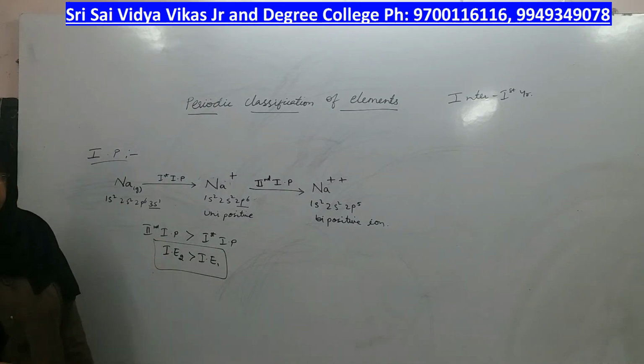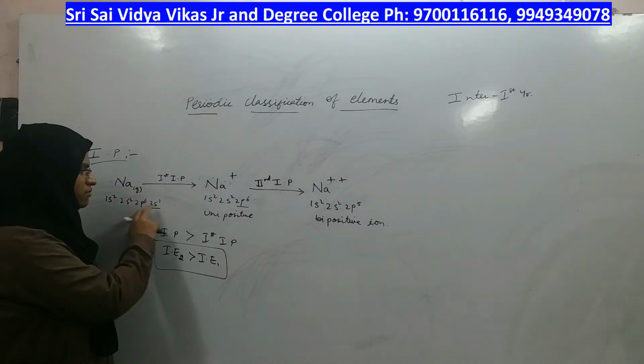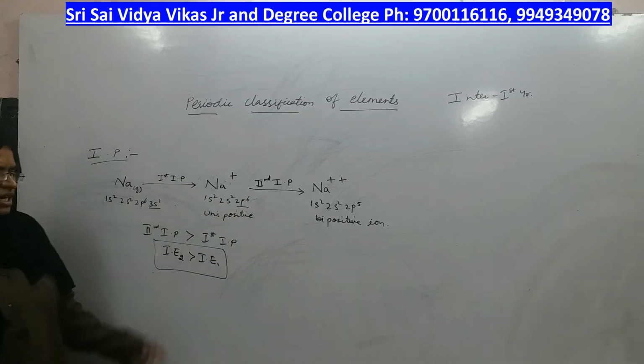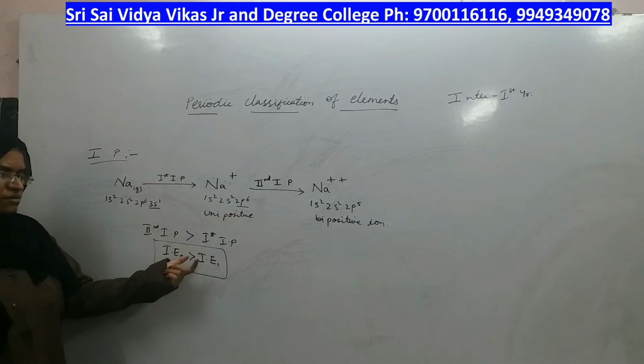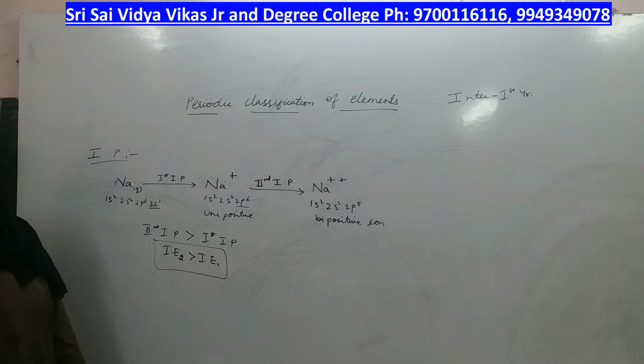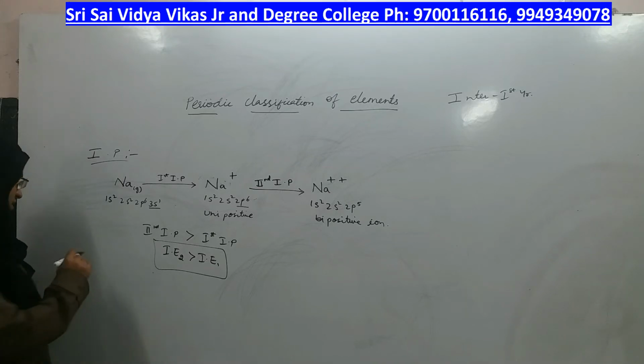So on what factors does ionization energy depend? There are many factors. For sodium, the two factors decide why the energy of the second time is higher than the first time, but for some other atom the factors can be different. So what we will do is, for any atom, look at the factors on which ionization energy depends.